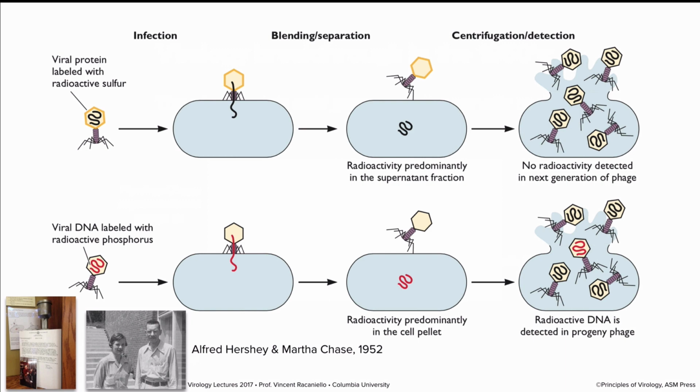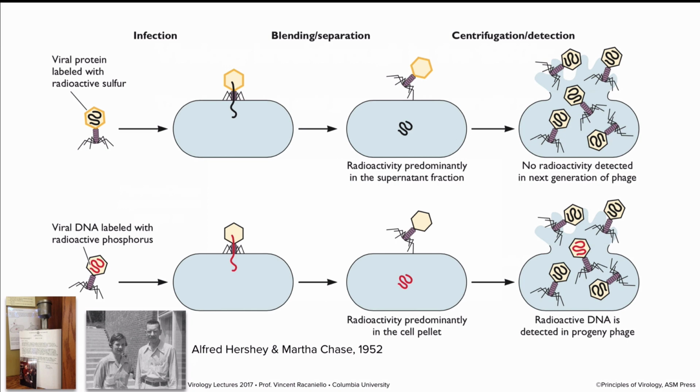So he takes the viruses labeled in either way, takes your protein-labeled virus, he infects cells, and then here's the famous experiment. After allowing the virus to attach and inject its DNA into the host, he then put them in a blender to shear off the phages so no more infection would occur. And then he asked, where is the radioactivity?